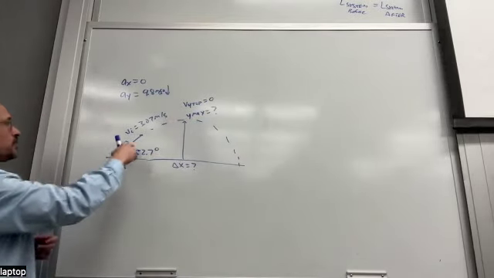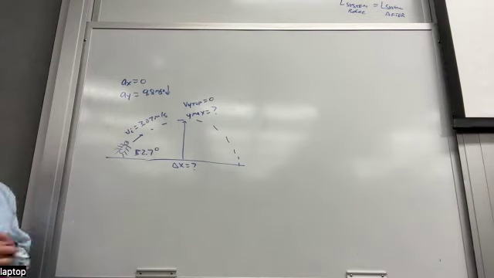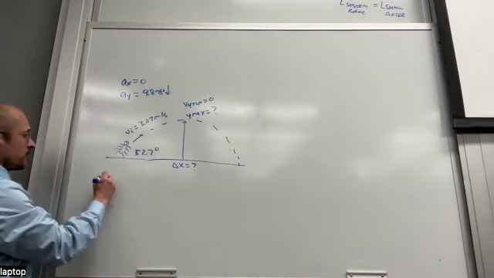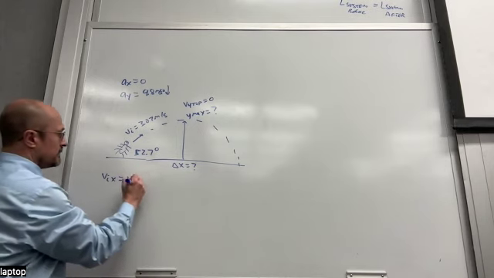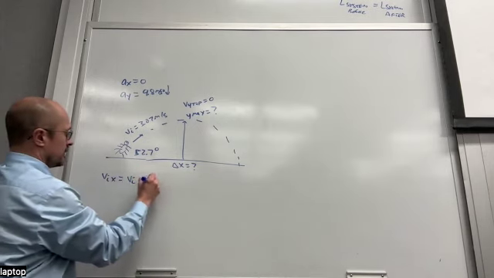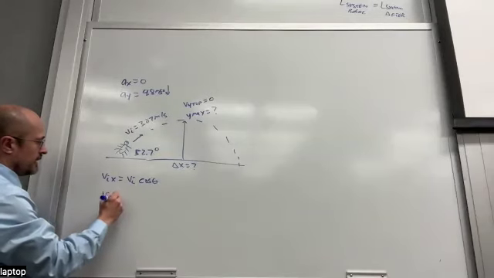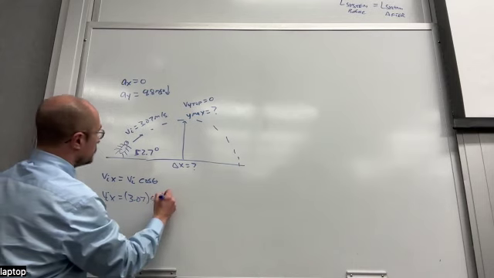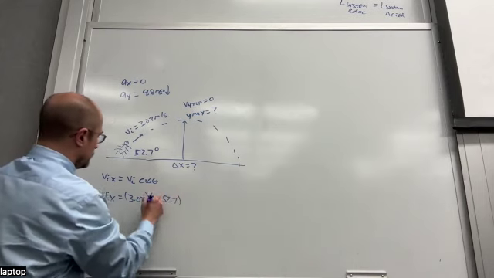All we need to do is break our velocity into x and y components, because the accelerations are different. Vix is Vi cosine theta, so Vix is 3.07 times the cosine of 52.7.